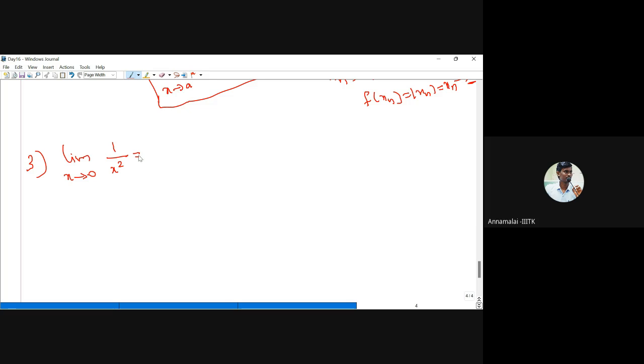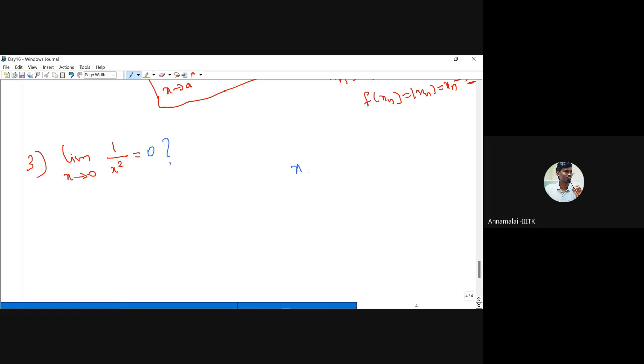Now find the right hand limit, left hand limit. 1 by 0 is infinity.